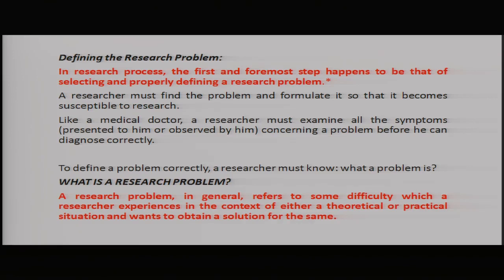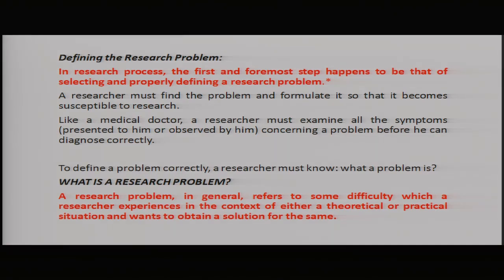So how do you define the research problem, what is the actual problem? I have highlighted here, in the research process, the first and foremost step happens to be selecting and properly defining a research problem. What is that research problem? A researcher must find the problem and formulate it so that it becomes susceptible to research.